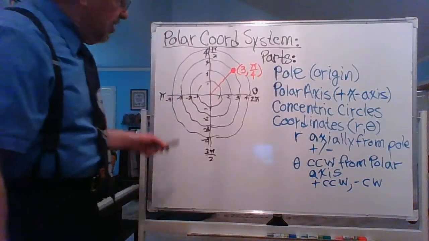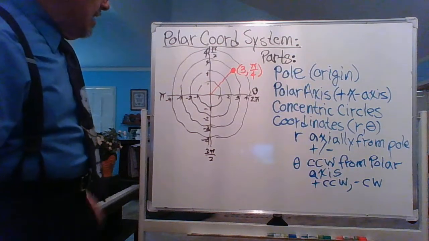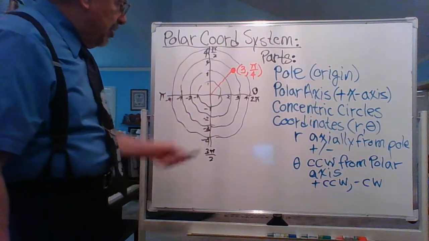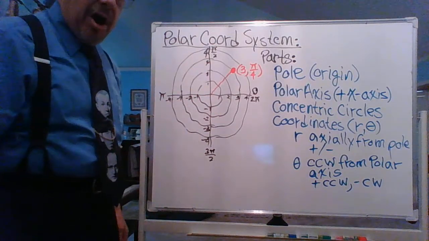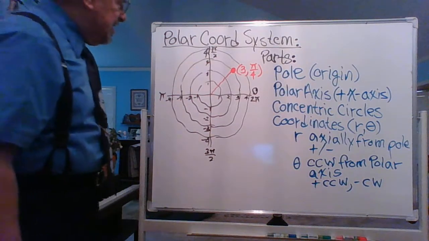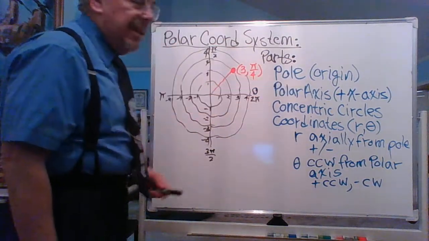Here I have a general rough polar coordinate system drawn up, and I have a point on it, but notice that I have my horizontal and vertical axes on the coordinate system. Different parts: the pole is the origin.